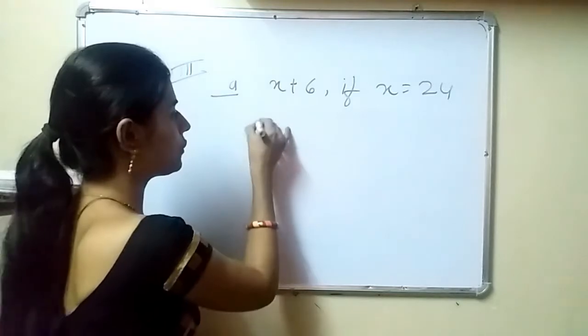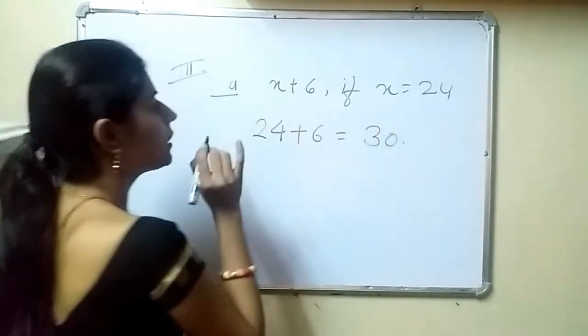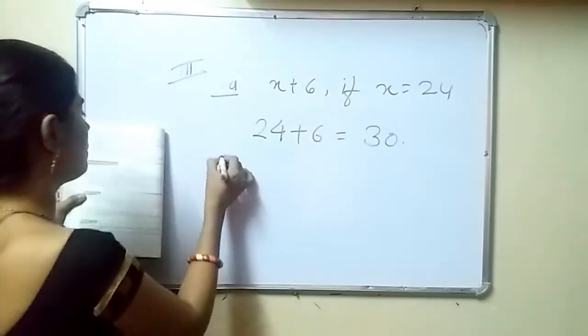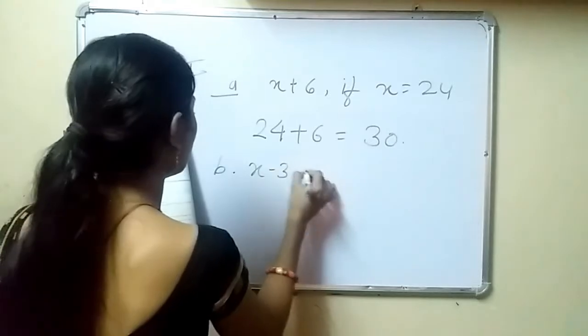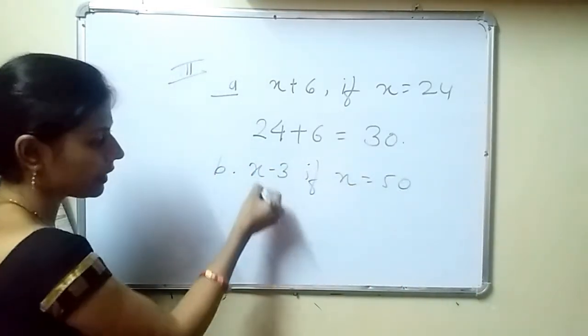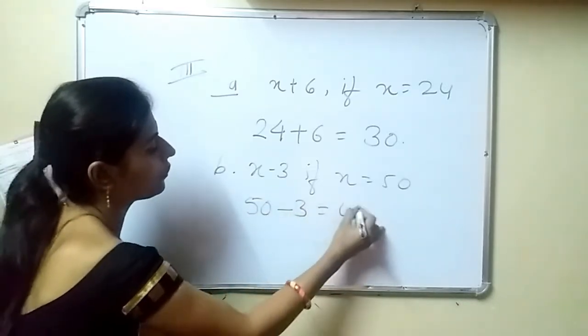So in place of x you have to put 24, plus 6 will become 30. Just put the values which are given here. Now see in question B, x minus 3 if x is equal to 50. So put 50 in place of x. 50 minus 3 will become 47.